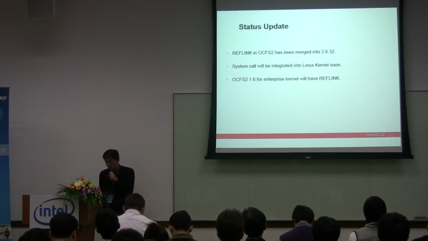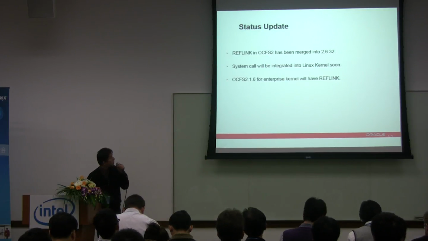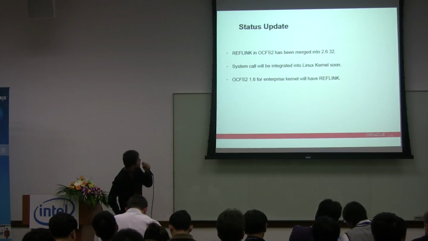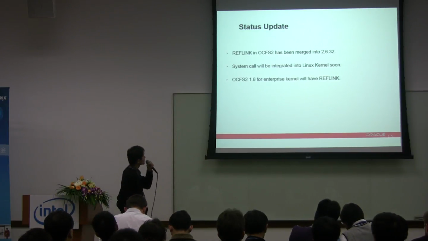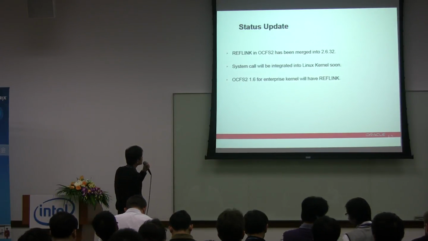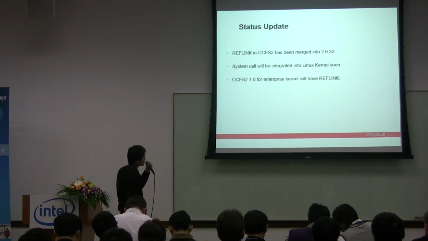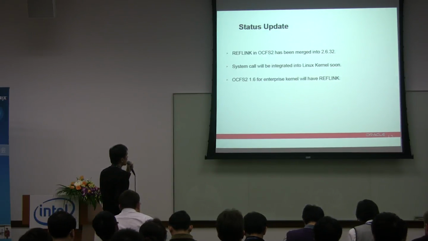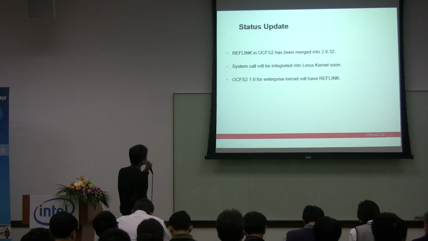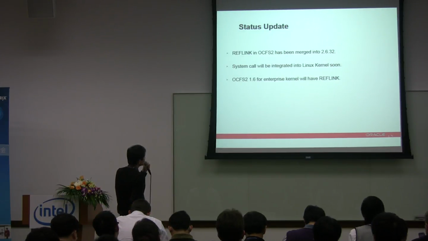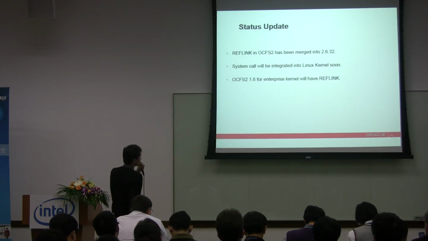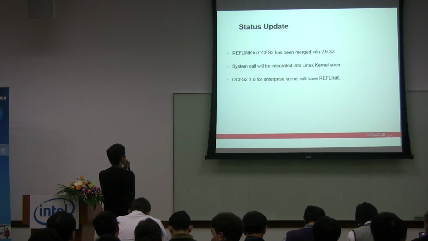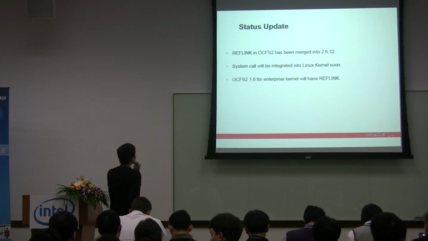The good news is Reflink in OCFS2 has been merged into the Linux kernel mainline 2.6.32. This is the current working cycle, and I guess it is about RC 7 or 8, I can't remember clearly. But in the latest stable kernel, we will have this good feature.